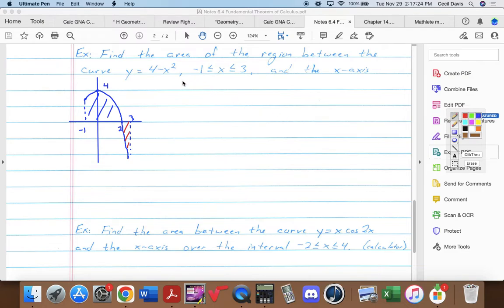So what we'll do is we'll do the integral from -1 to 2 of 4 minus x squared dx minus the integral from 2 to 3 of 4 minus x squared dx.